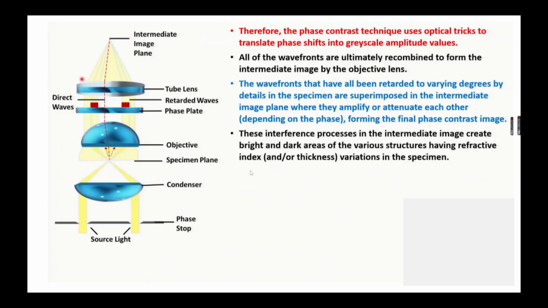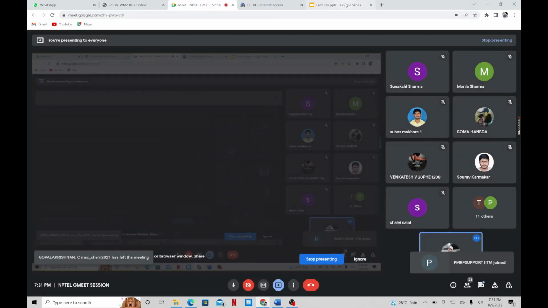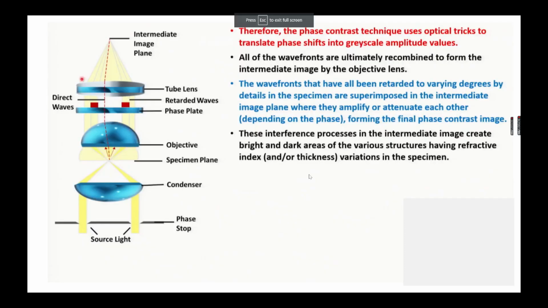Here you have to go through how the contrast is amplified. We will have slides where we discuss it in detail: this is your source light, then the condenser lens, this is the specimen plane, and this is your objective.